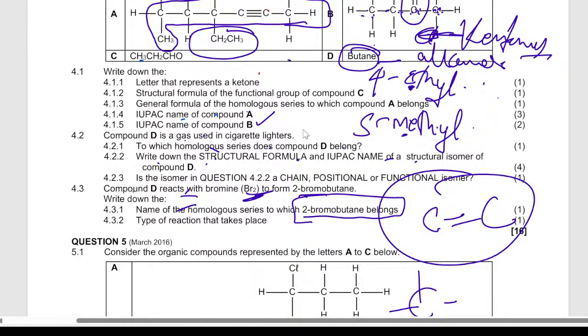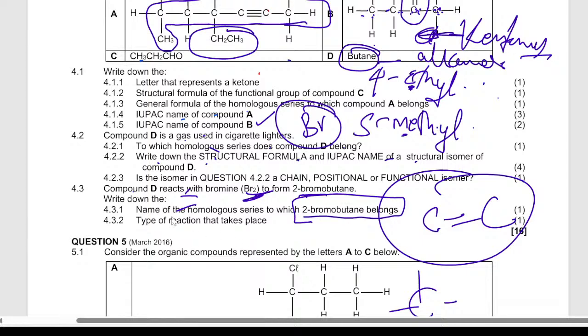Because bromine is a halogen and the other part is an alkane, it is a haloalkane. Sometimes they call them alkyl halides, meaning those are halides. It's better to call them haloalkanes because it's simple and you are able to remember it.